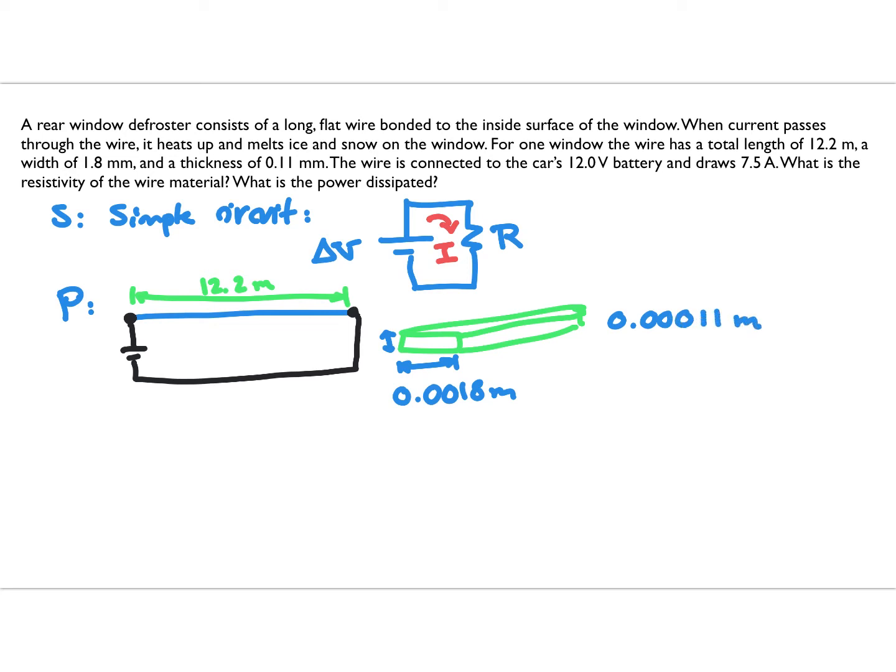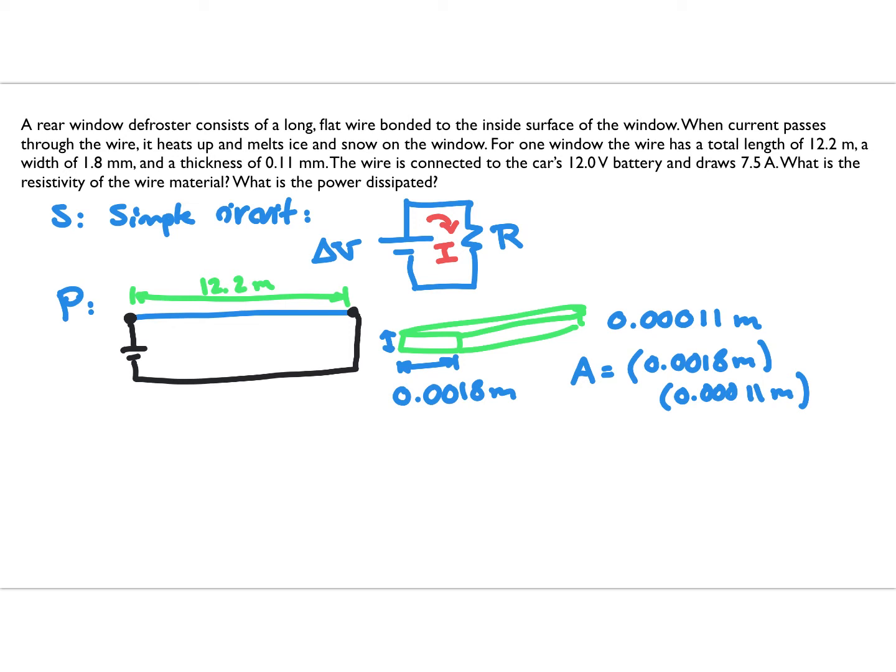I'm just going to cut to the chase here. The cross-section area is just the product of those two: 0.0018 meters times 0.00011 meters. That's the cross-section area. And the length of it, we saw, was 12.2 meters.